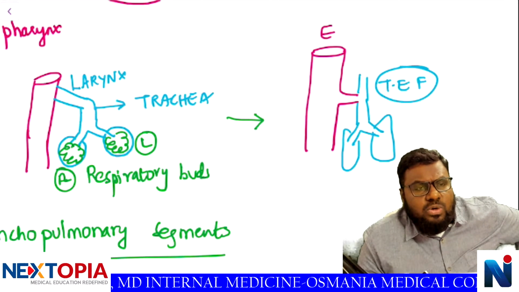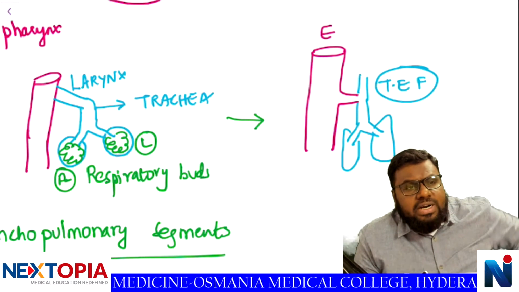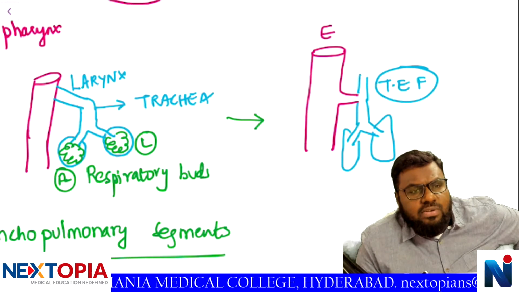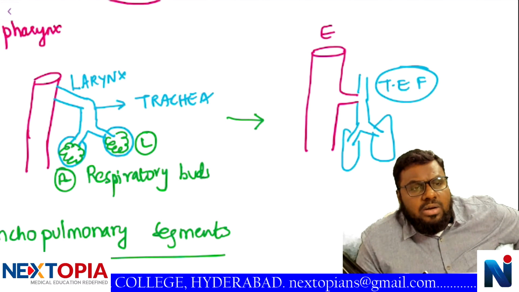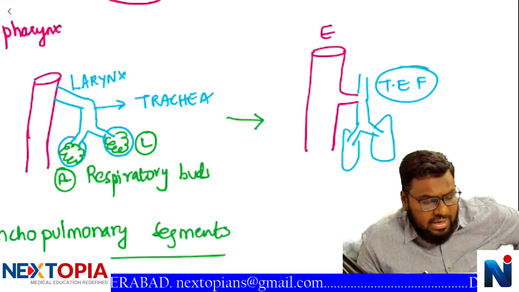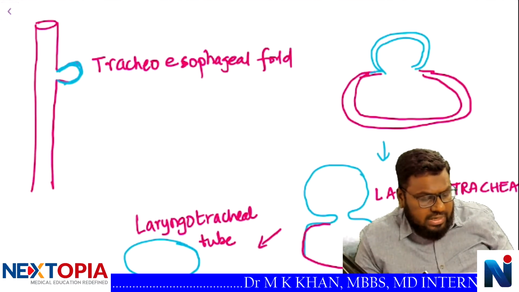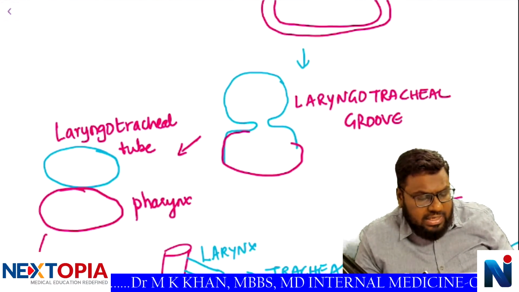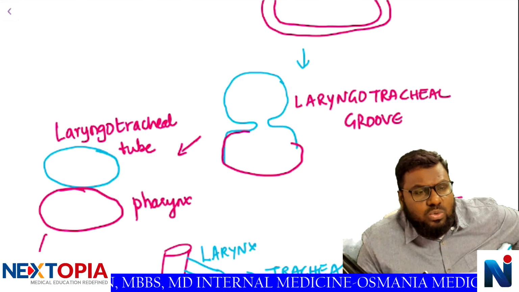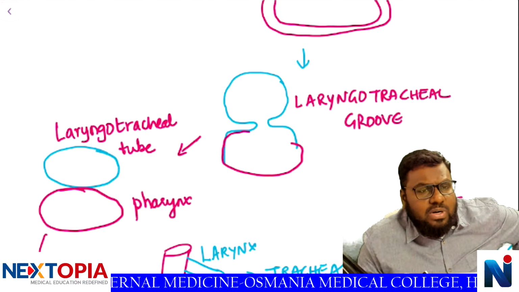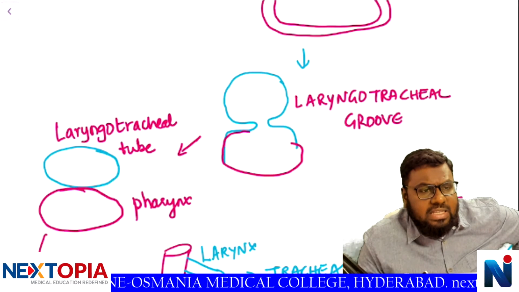So to summarize, the foregut has a dorsal component and a ventral component. The ventral component of the foregut gives rise to the laryngotracheal diverticulum, which grows into a laryngotracheal groove, which gets separated. We have separate trachea formed, separate larynx formed.